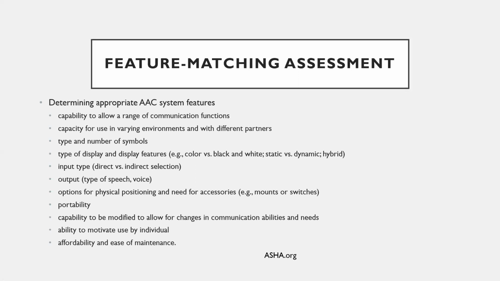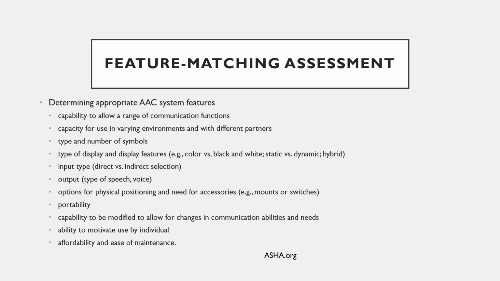Now, if this is a feature that somebody needs, okay, the ability to utilize this device in a restaurant, over the phone, asking questions, requesting, so those are the different communication functions, then we need to feature match and perhaps set them up with a higher tech system.